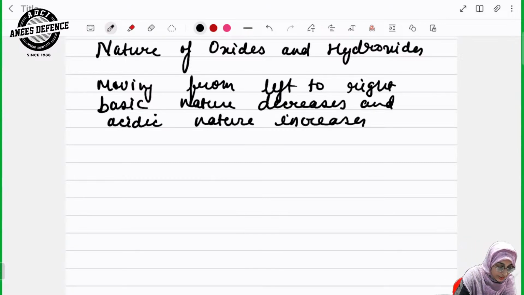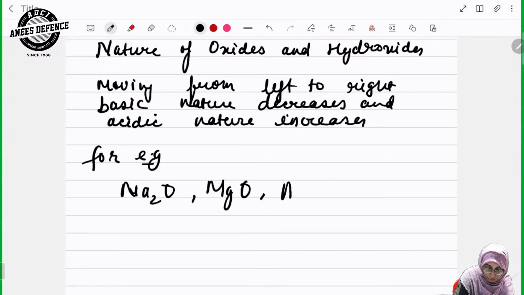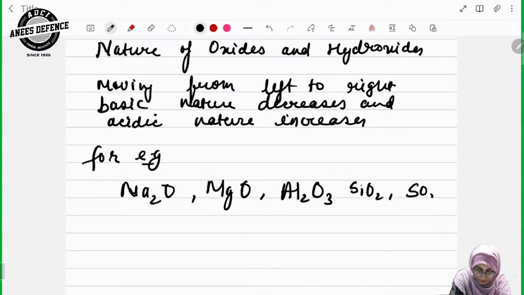For example, we'll take Na2O, sodium oxide, MgO, Al2O3, SiO2, and so on, and SO2 and Cl2O3.